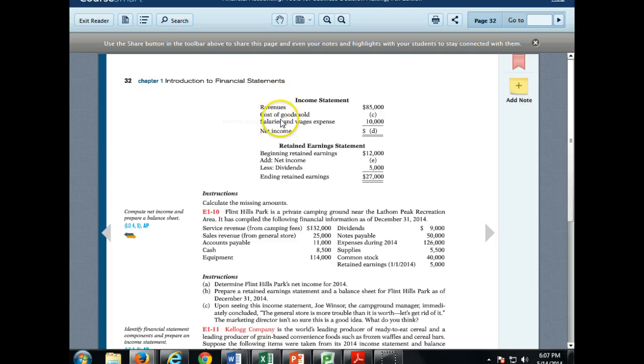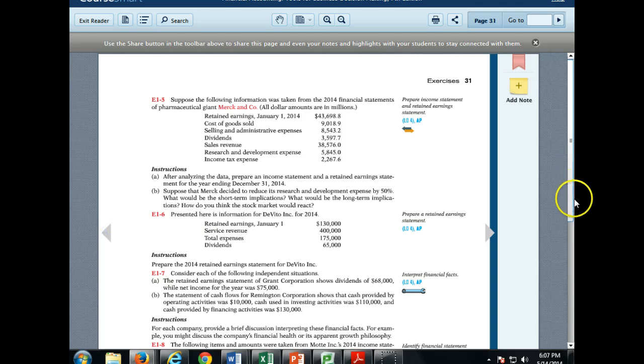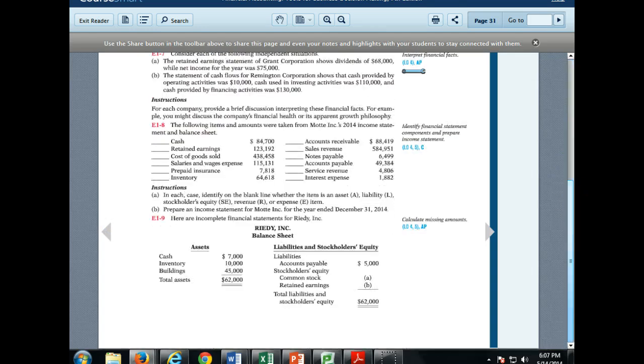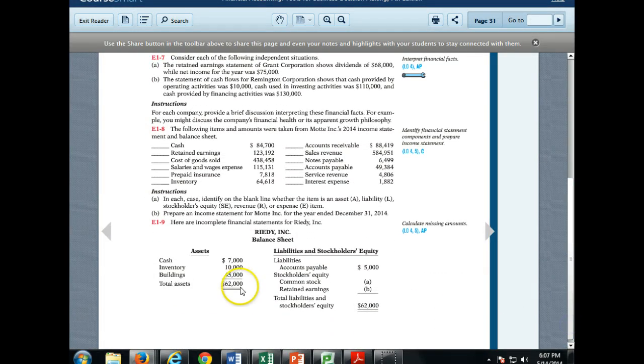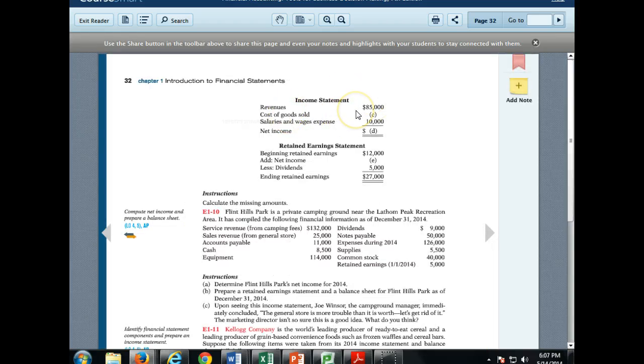We're missing A, common stock; B, retained earnings; cost of goods sold; net income; and E, where it says to add net income.